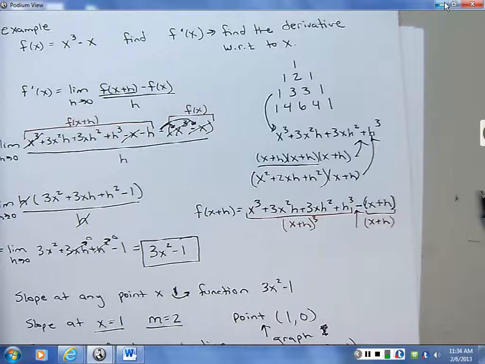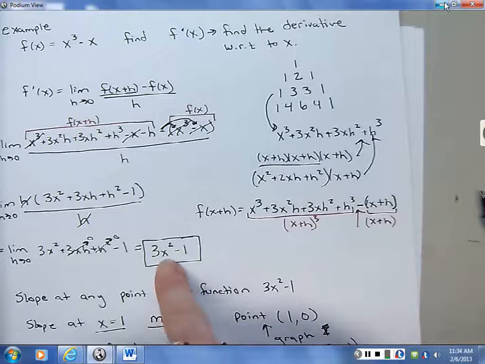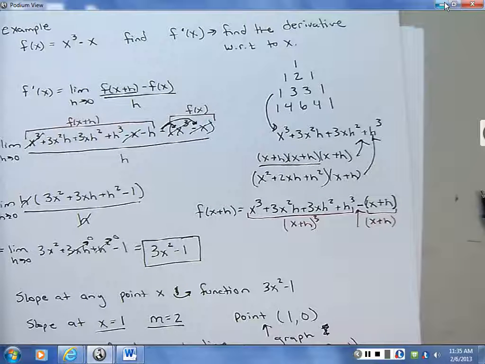Because if I don't distribute it, then I end up with 3x squared plus 1, which is not correct. I guess what I was thinking is that you would take the x cubed minus x and distribute that to the x, and then also distribute that to the h. I was just confused why you would distribute x cubed to one part of it, and then take the minus h and distribute it to the h part.